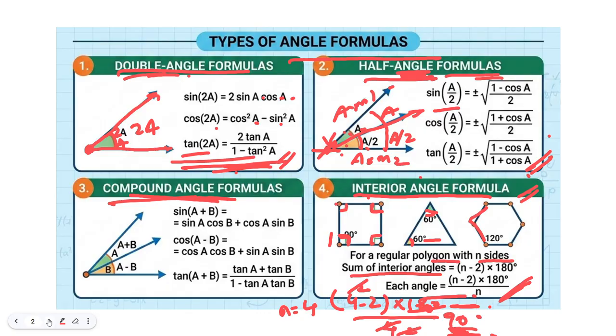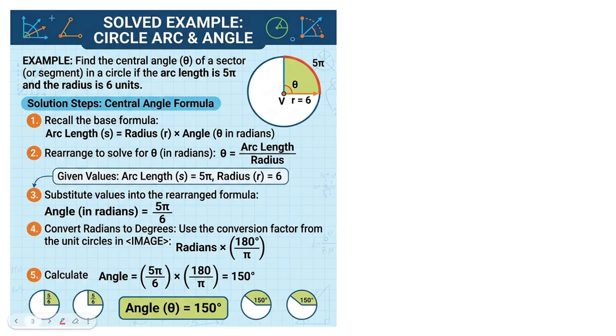So let's move on to an example. Let's understand the question first. Find the central angle theta. What is the central angle theta of a sector in a circle if the arc length is 5 pi and the radius is 6 units?